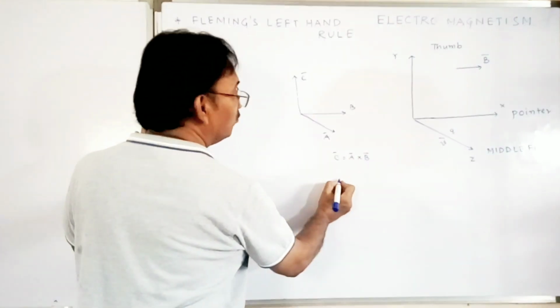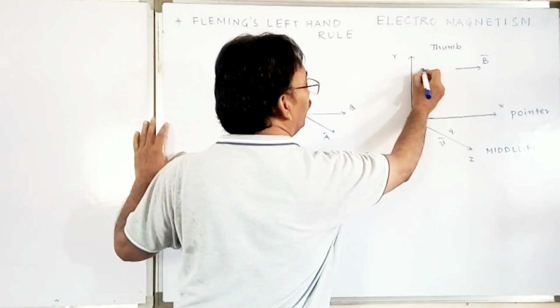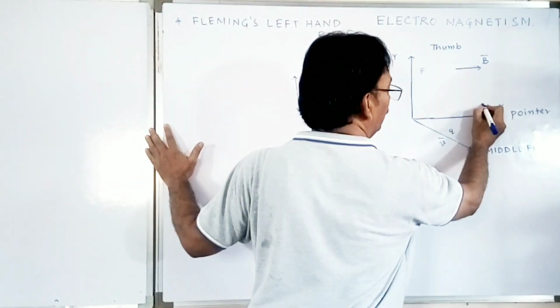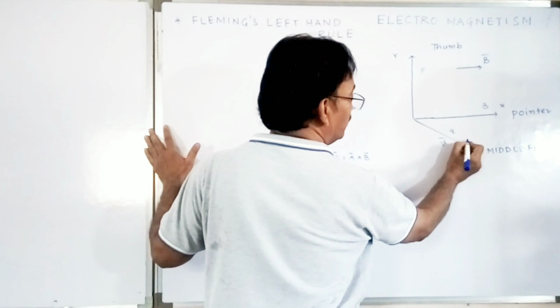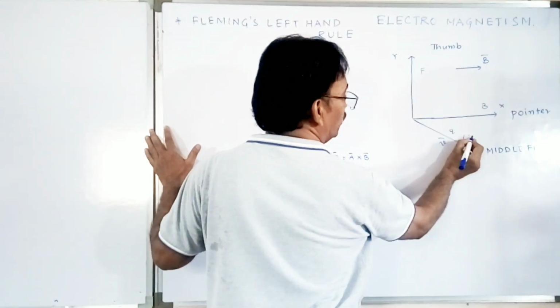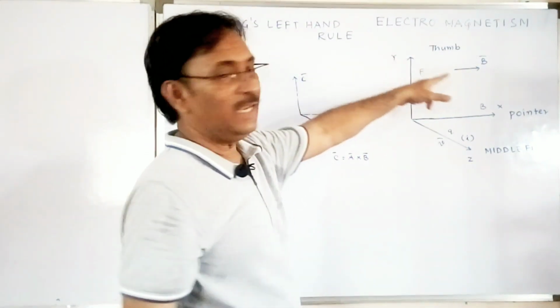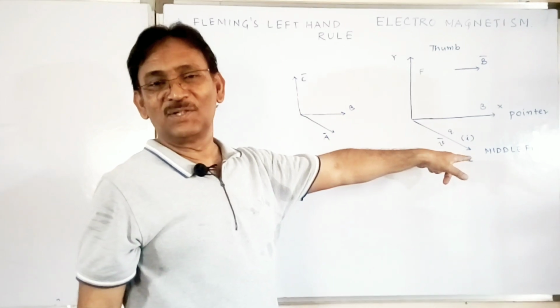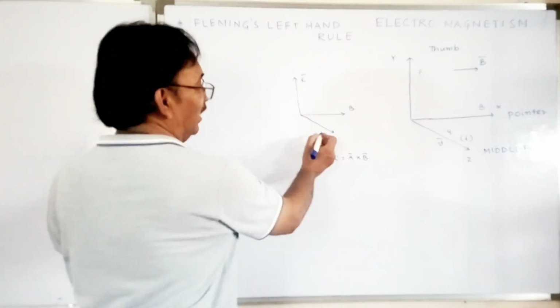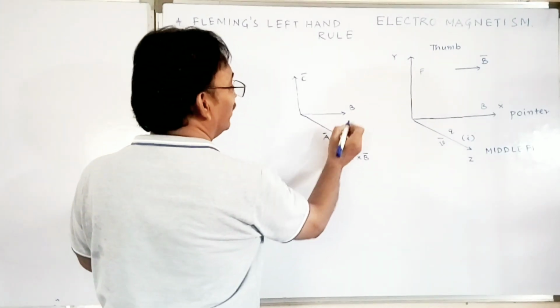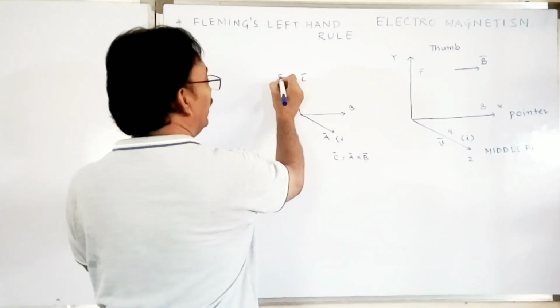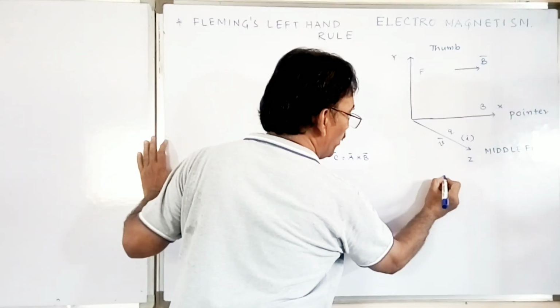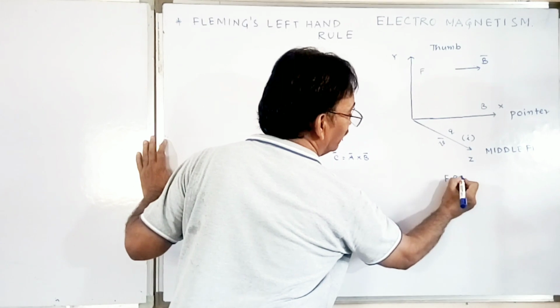Earlier we got a relation. If F is the force, B is the field, and I is the current, the rate of flow of charge, these 3 are mutually perpendicular directions. Let's say it is I, then B, and automatically it is F. You can remember it very easily.